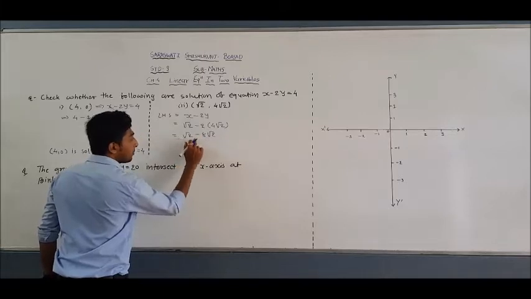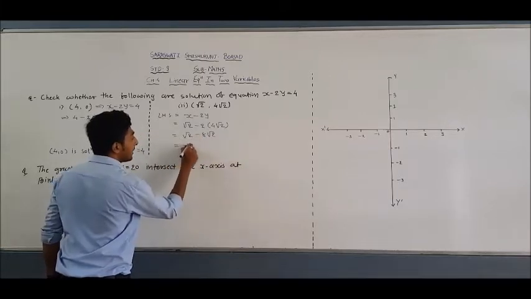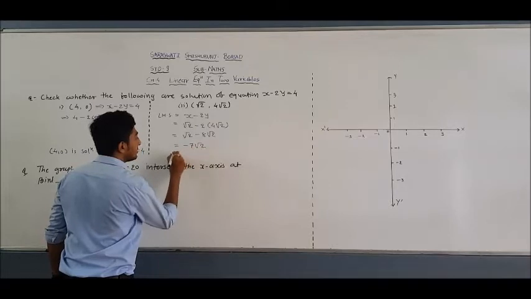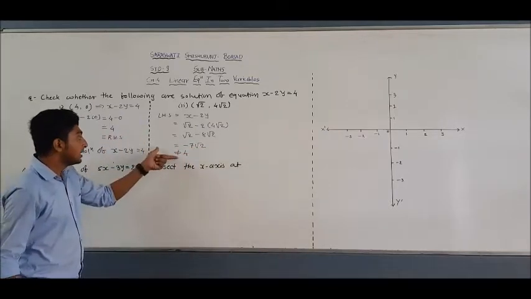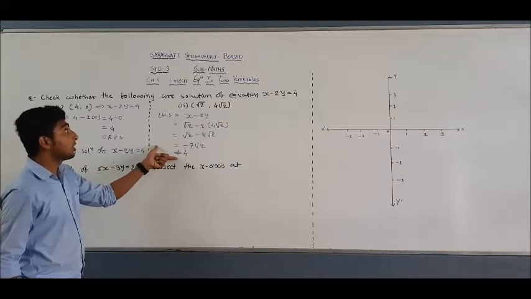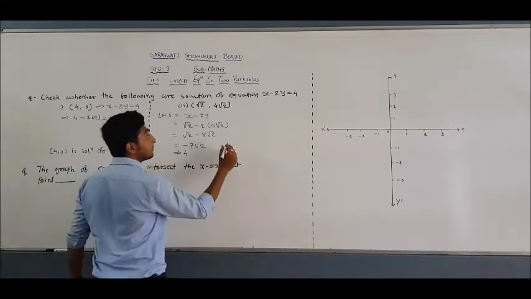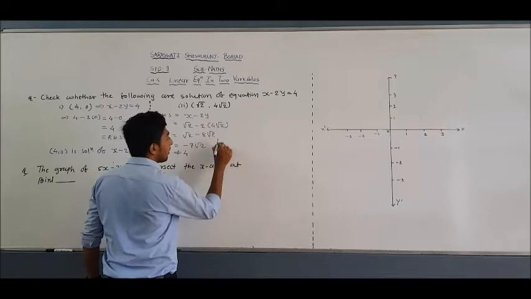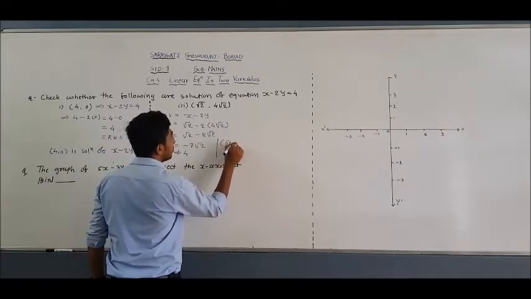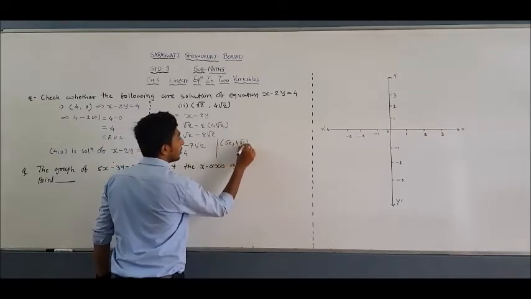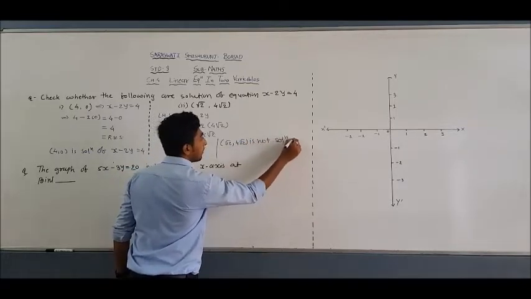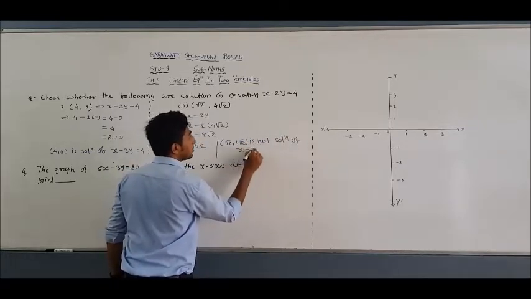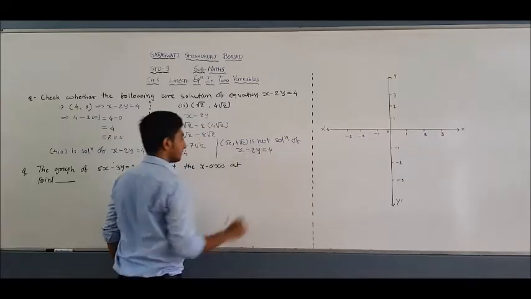Now root 2 minus 8 root 2, that means minus 7 root 2, is not equal to 4. So this is not a solution of the equation x minus 2y equal to 4. Therefore we can write (root 2, 4 root 2) is not a solution of x minus 2y equal to 4.